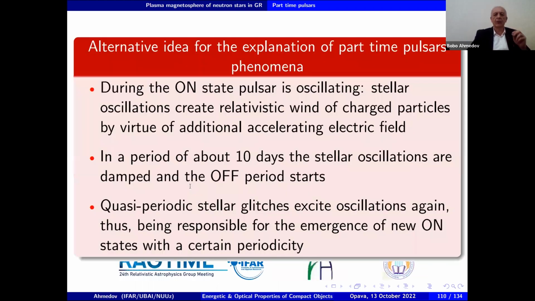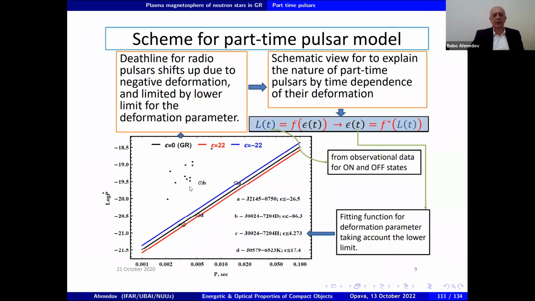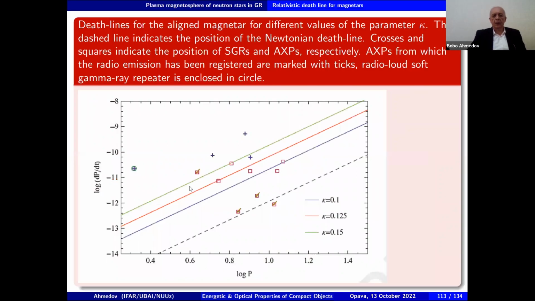So the model was developed assuming that these intermittent pulsars become active when they are oscillated by some mechanism. Another thing which we wanted to understand was the application of these methods to the radio loudness of anomalous X-ray pulsars and soft gamma ray repeaters.